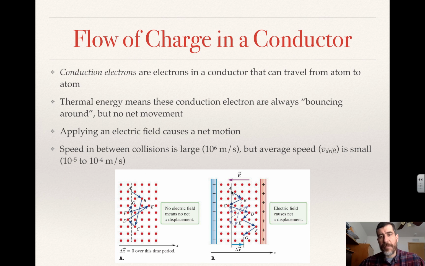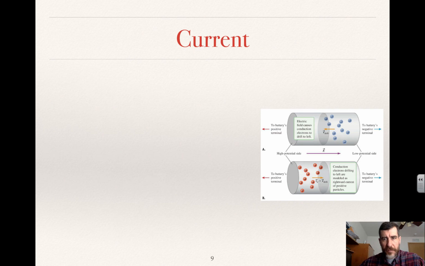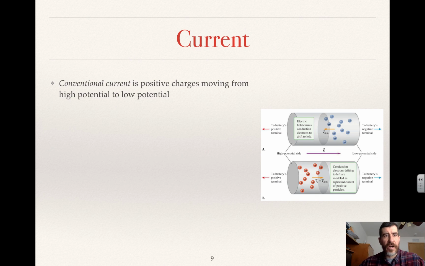But these collisions happen very, very frequently. So if you look at the net speed, or the average displacement, I should say, that's actually quite small. And usually you call that the drift velocity. And the drift velocity is more like 10 to the minus 5 to 10 to the minus 4 meters per second.